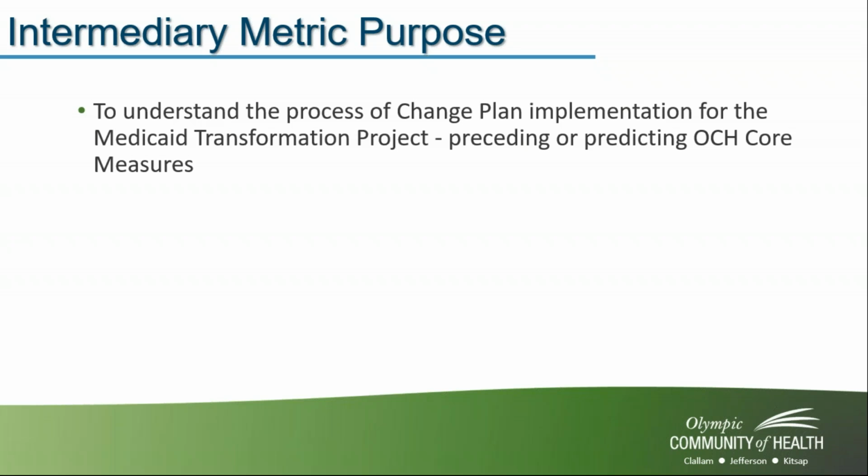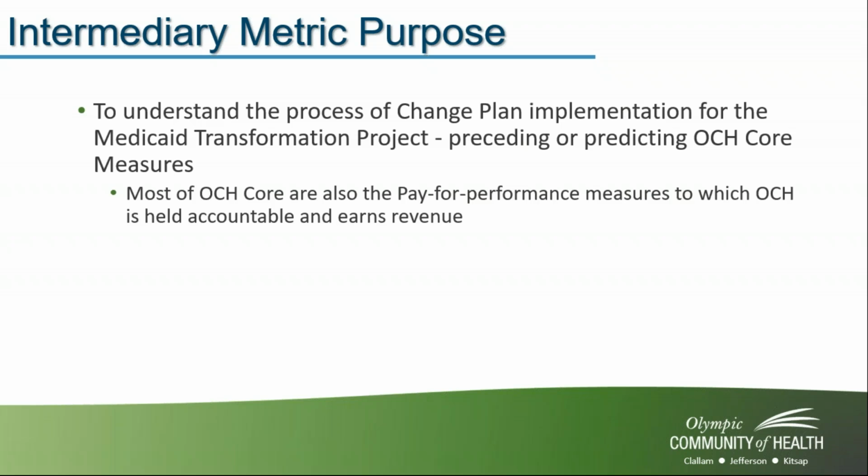So there are a couple of things that I just want to go through before we look at the specific measures themselves. Again, this is just reinforcing what I've already really said, but these really are aligned with the implementation of the change plan within the Medicaid transformation work, and they are designed to align with and predict the movement towards the OCH core measures, many of which fall within the pay-for-performance measures, which the OCH is accountable to under the Medicaid Transformation Project and the Washington State Healthcare Authority.